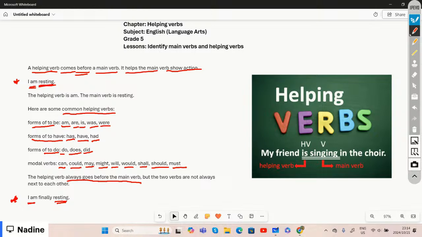It's just that it is not directly next to the word resting. And finally is almost like it's telling us about the verb, which means that this is an adverb. So finally is an adverb. It tells us about, describes, or modifies the verb.